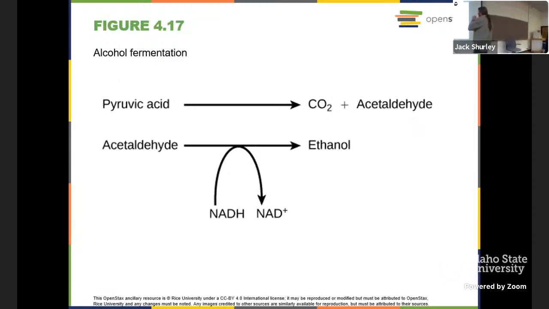With alcohol fermentation, it's a couple of steps, not just straight pyruvate to lactate, right? The pyruvic acid does get metabolized the littlest bit. We do release a single carbon dioxide off of each pyruvate. That generates a 2-carbon molecule called an acetaldehyde, right? Hangover maker, you better believe it, all right?